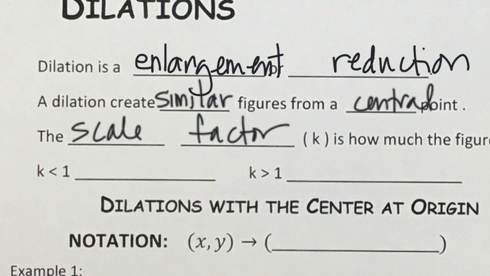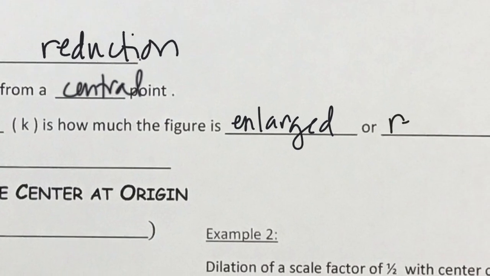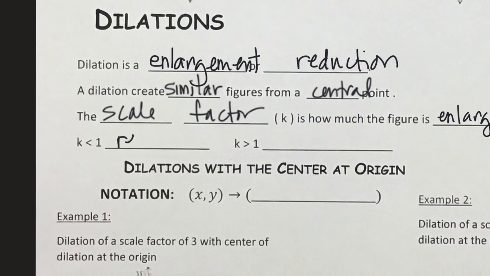Scale factor. They give the variable k to be your scale factor. On your project, that's what SF stands for. Scale factor is how much larger the figure is enlarged or reduced. If your k is less than 1, it's a reduction; you're getting smaller.